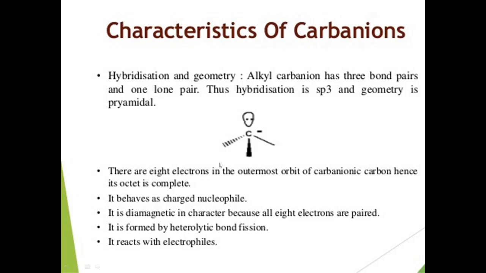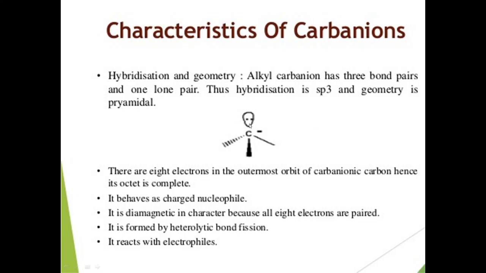The carbon anion has 8 electrons in its outermost shell: 6 from these 3 bonds and 2 from the unshared pair of electrons. So it has a total of 8 electrons in its outermost orbit and hence its octet is complete.